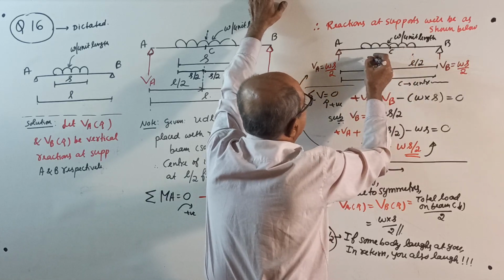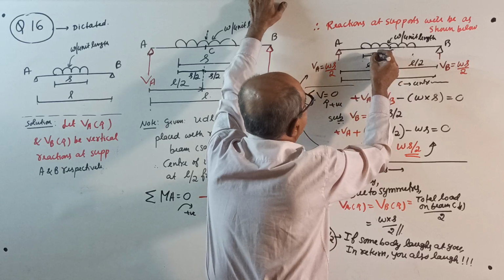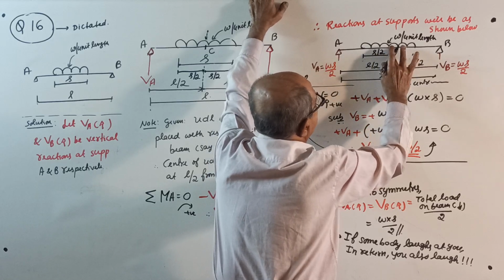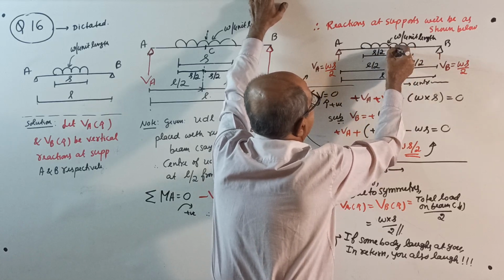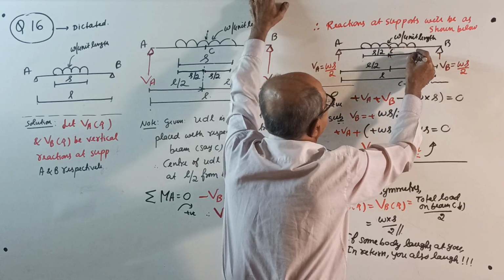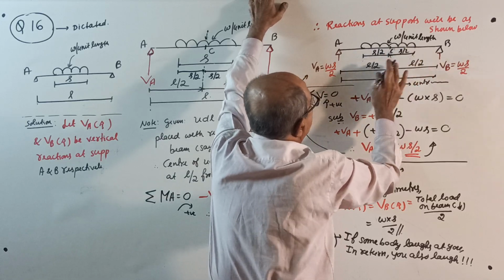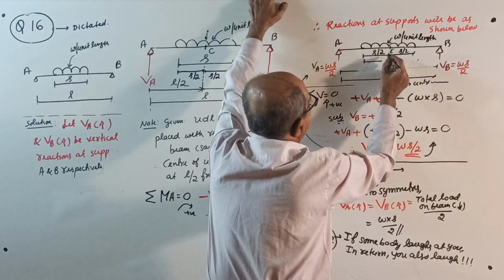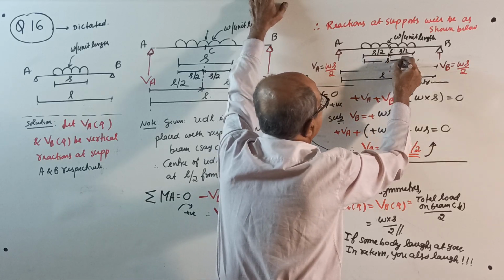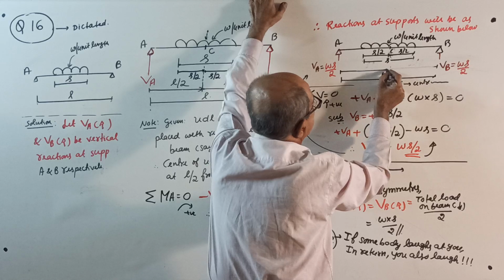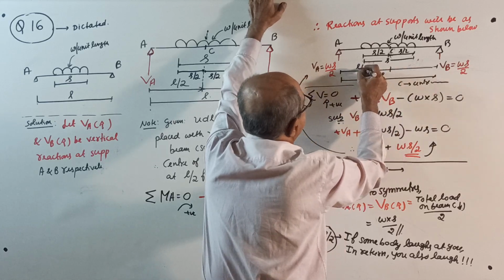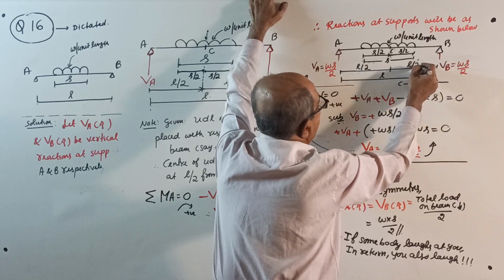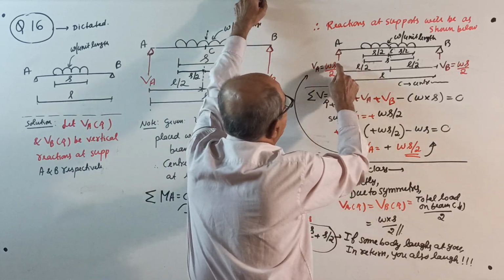This is center, this is S by 2. Space problem. Write neatly. This also S by 2. And one more thing you require: loaded length is S, and center of the beam from both sides is L by 2, span L, reaction is WS by 2.